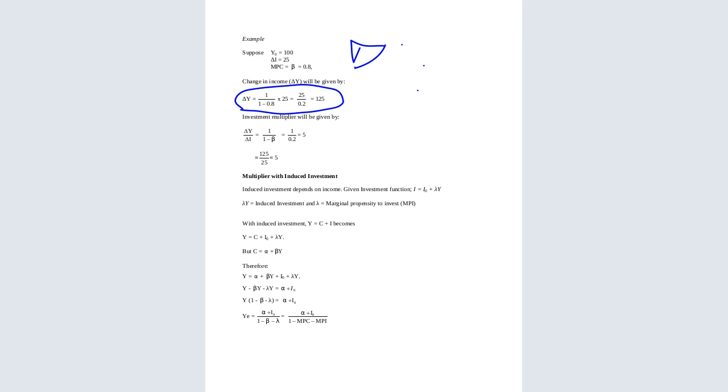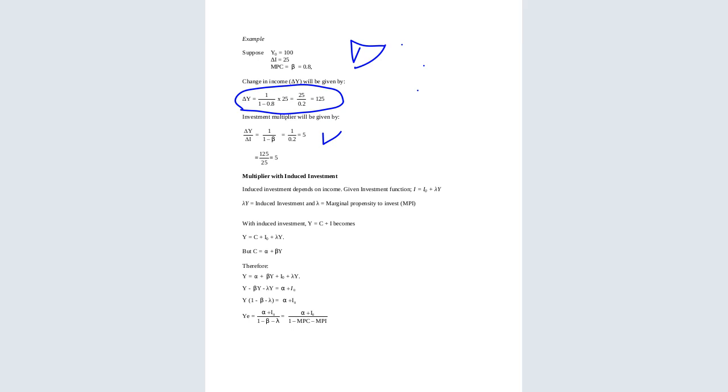Now we can find the investment multiplier. From this simple equation, we said that the change in Y over the change in investment is actually 1 over 1 minus beta. You know what 1 minus beta is.